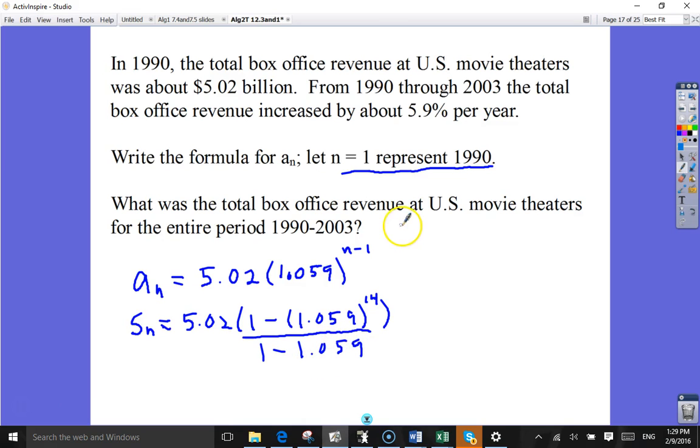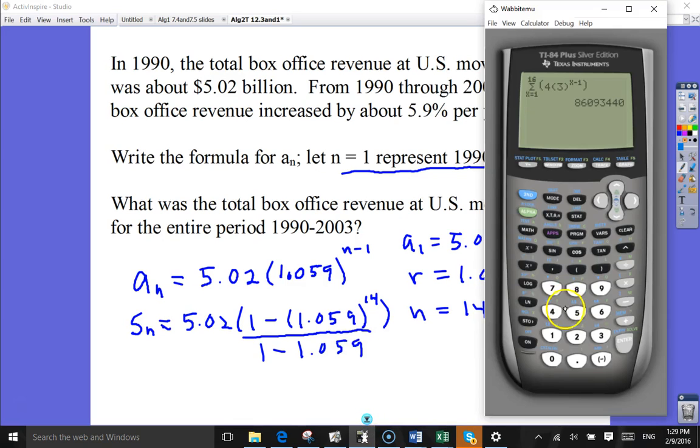Another way of saying it is we could just write it down. A1 is 5.02. R is 1.059. And N equals 14. So I'm going to use those in the calculator.